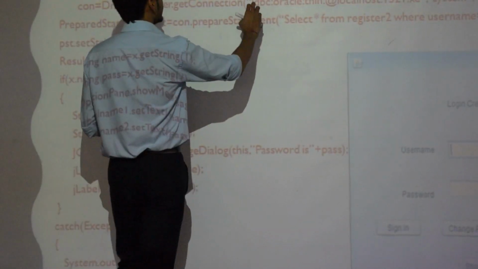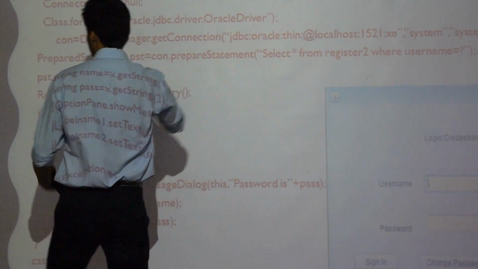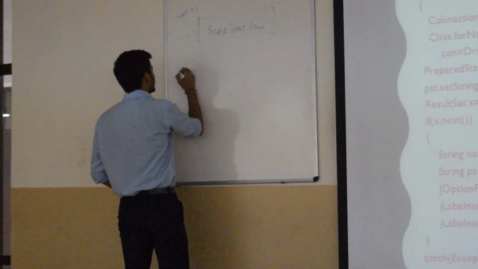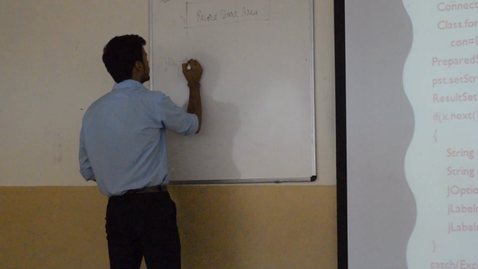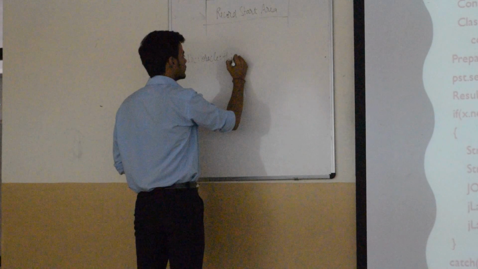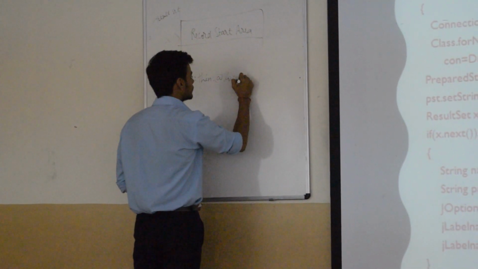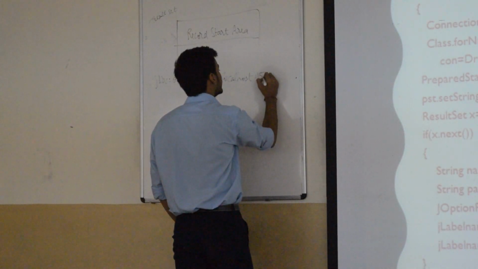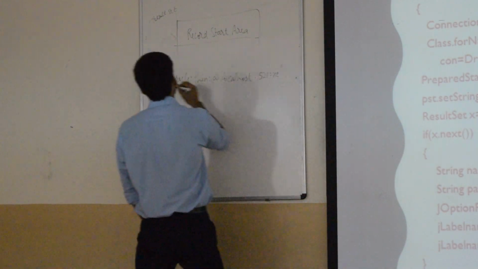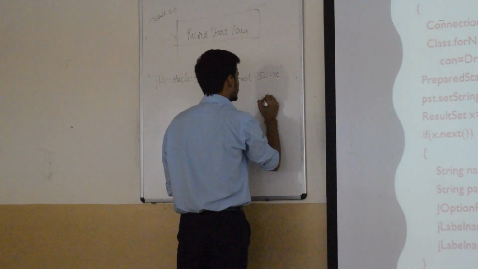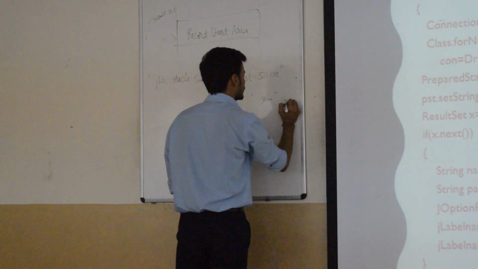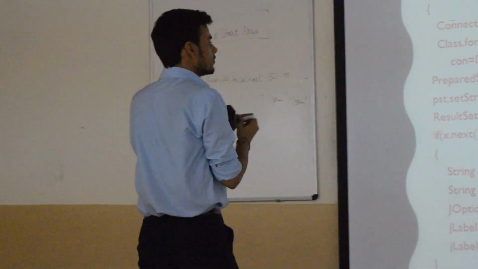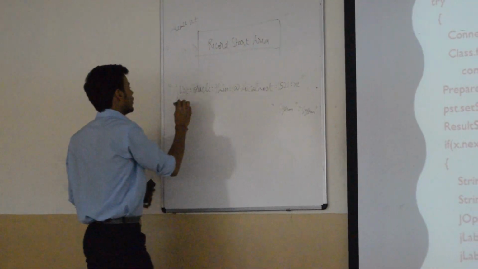Now I will tell you about the URL which we are using. The URL which we had passed into the getConnection method was jdbc:oracle:thin:@localhost.